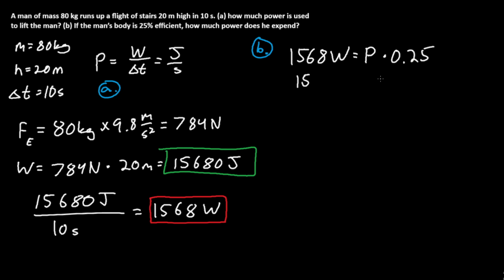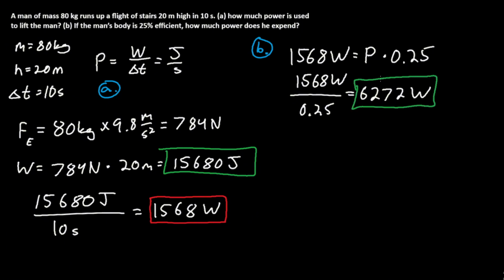So if you divide both sides by 0.25, you get a power of 6272 watts actually used by the man, assuming he has a 25% efficiency consistently. So out of this 6272 watts, only 1568 of it is actually going into his movement. The rest goes into something else.